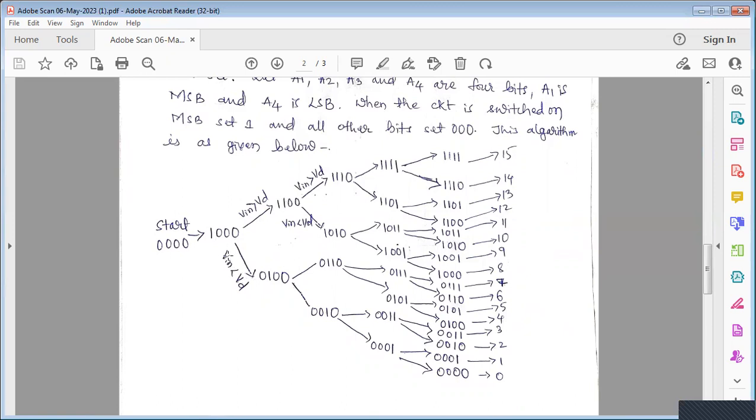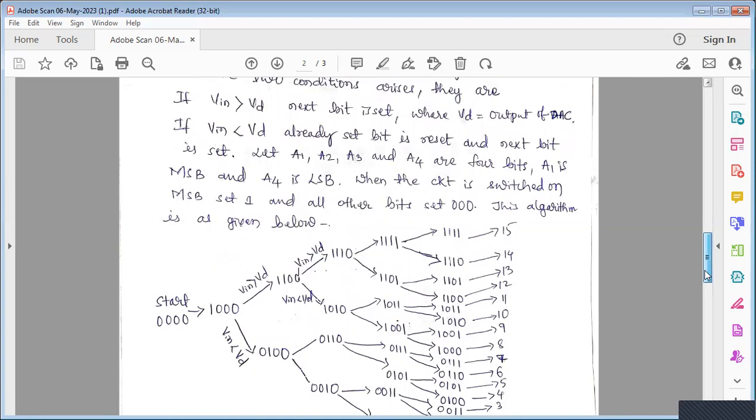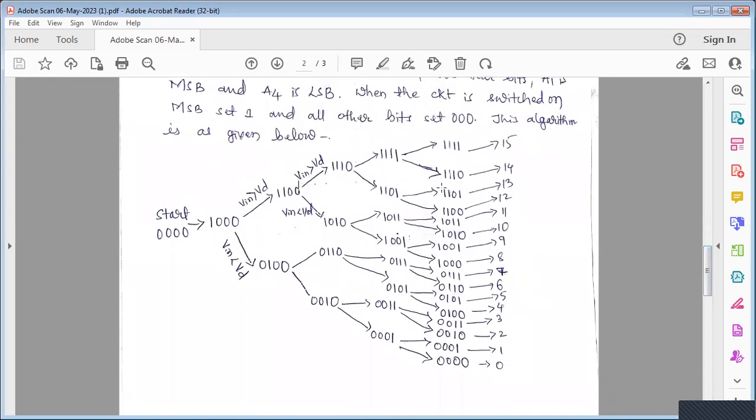Similarly, you come down here. If Vin is less than Vd, what is the condition? Go back and see: the already set bit is reset, and the next bit is set. We can check here. This 1, which is the MSB, was set; that is the already set bit, and it is reset.